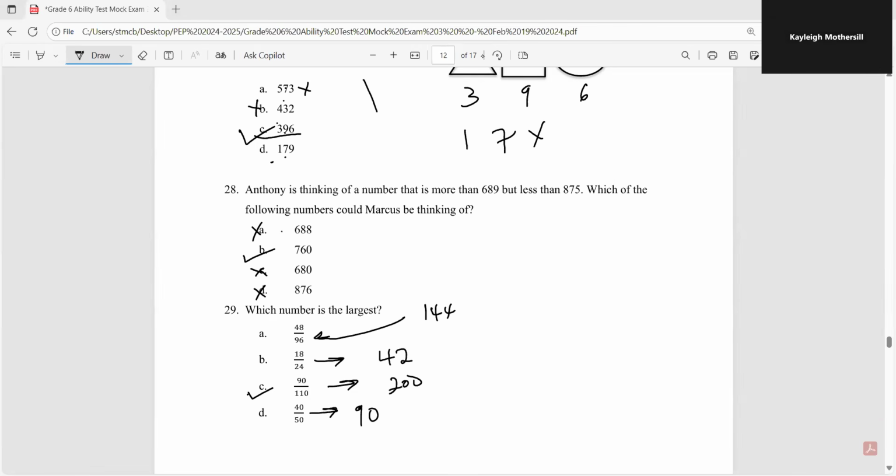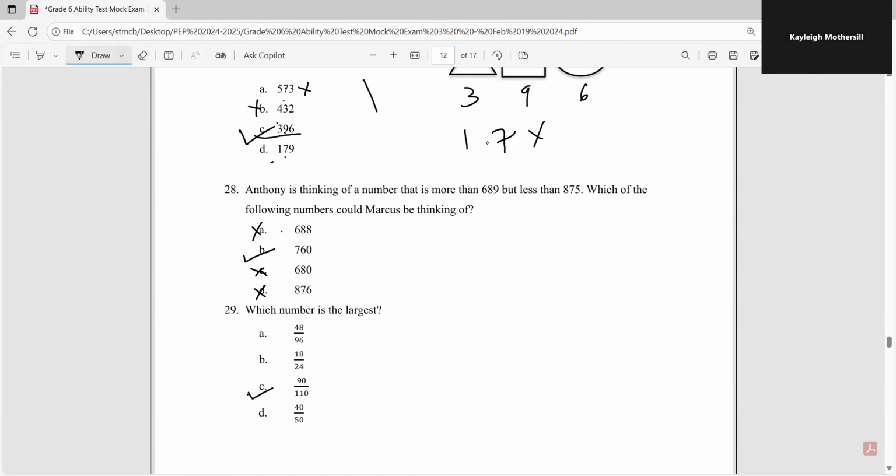Okay, sir. So I use the method of elimination. If you look at A, you see that the denominator is way bigger than the numerator. And for 18 over 24, it could not be the biggest fraction because it's actually the smallest fraction.